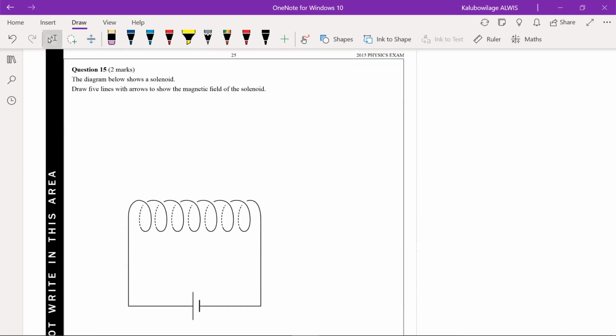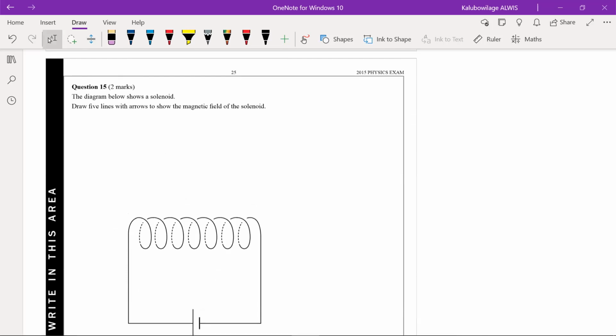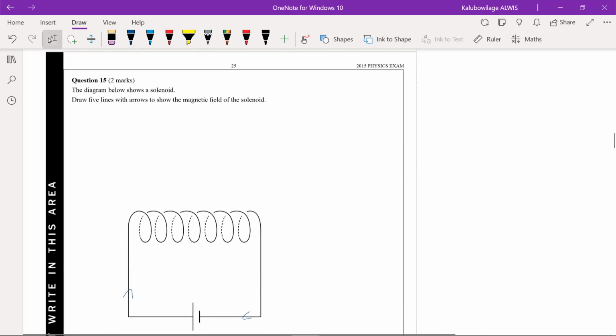Just using the right hand grip rule, and your current is going this way. So you get force out from here in here.